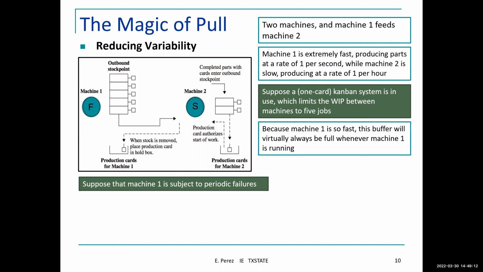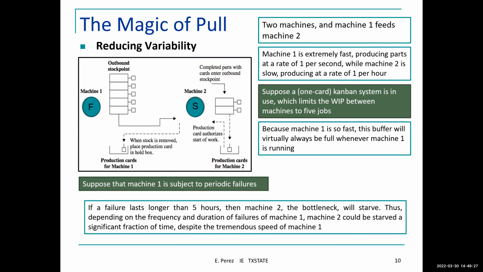So basically what this is saying is we're always going to have parts ready when needed by machine 2, right? We are just going to move them to the next station when they are needed. However, if a failure lasts longer than 5 hours, then machine 2, the bottleneck right now, which takes longer, will starve.